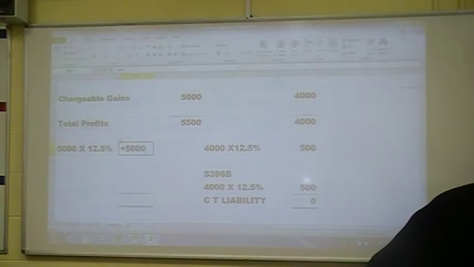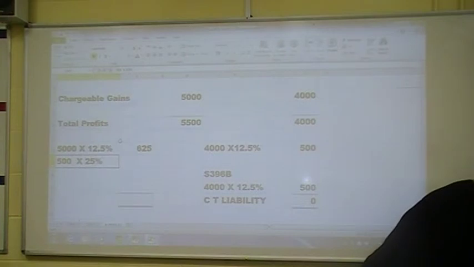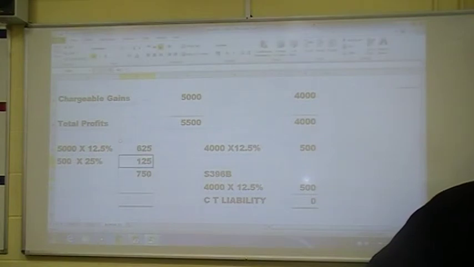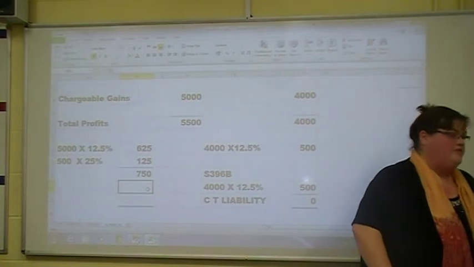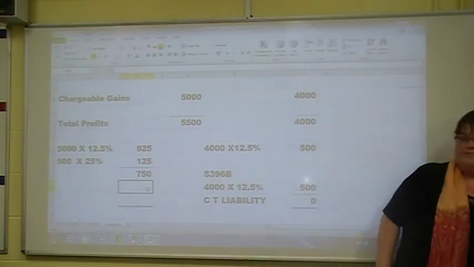So 5,000 at 12.5% is 625, and we have 500 at 25%, which is 125. Giving us a liability of €750.